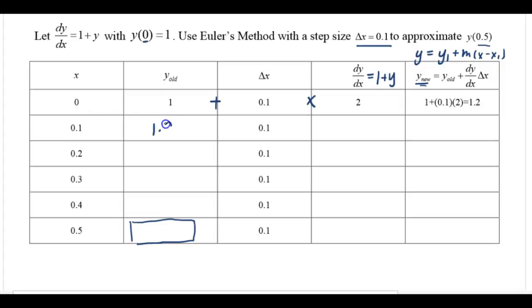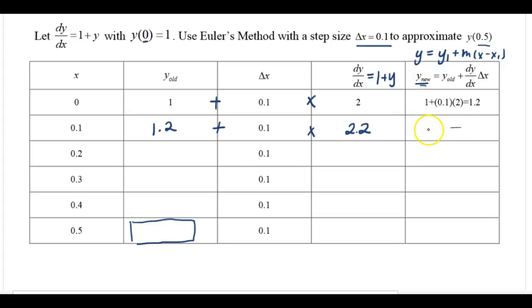So that's now an old value because I'm going to keep going. I'm going to keep doing the same repetition. So 1.2 is now an approximation for y of 0.1, and I'm going to use that to find my next dy dx, which is only dependent upon y. So 1 plus 1.2 is 2.2.